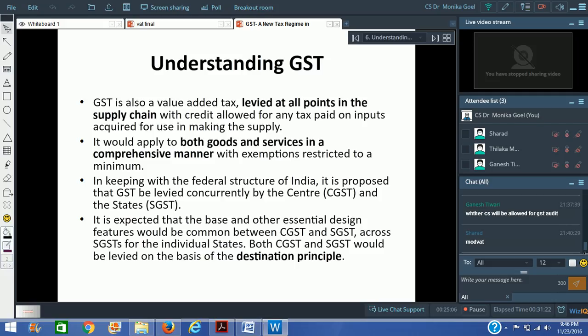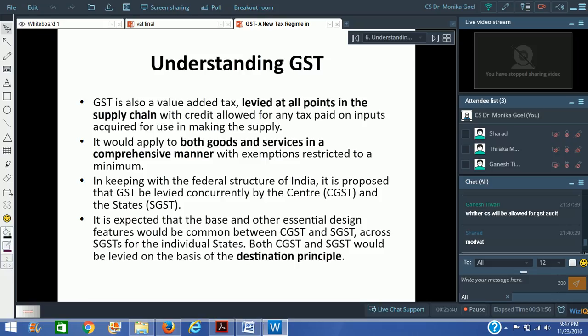That led to the change in the constitution, whereby now we can have one single tax called GST, which will subsume your excise duty, service tax, VAT, and many other taxes as well. But in order to still maintain the federal structure, this GST has been divided into two parts: central GST and state GST.